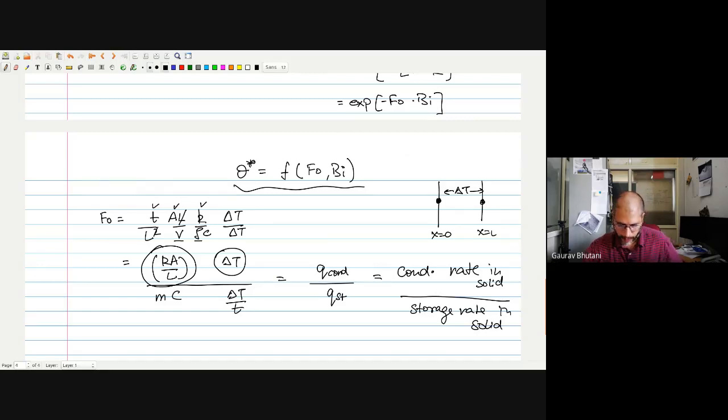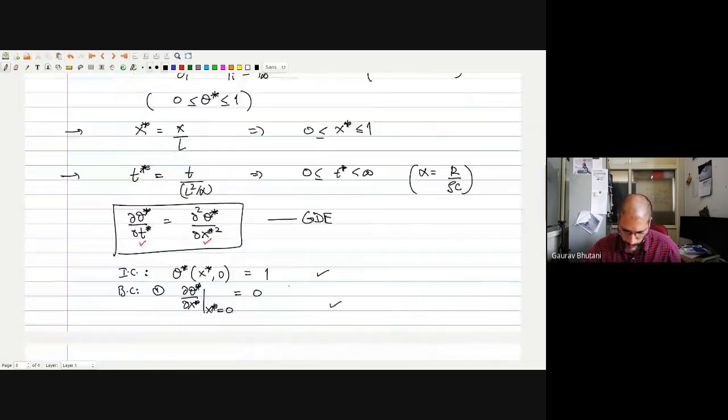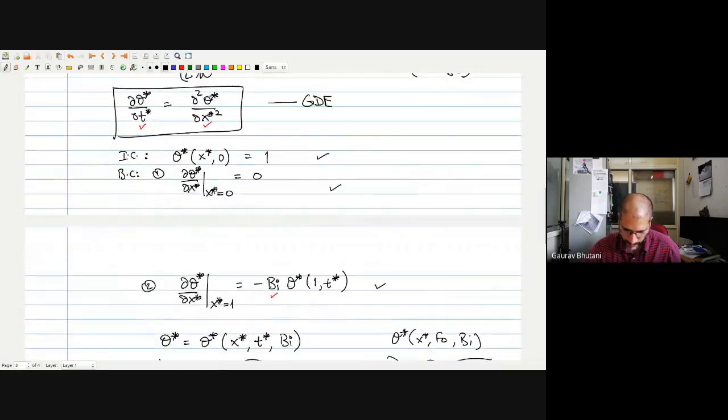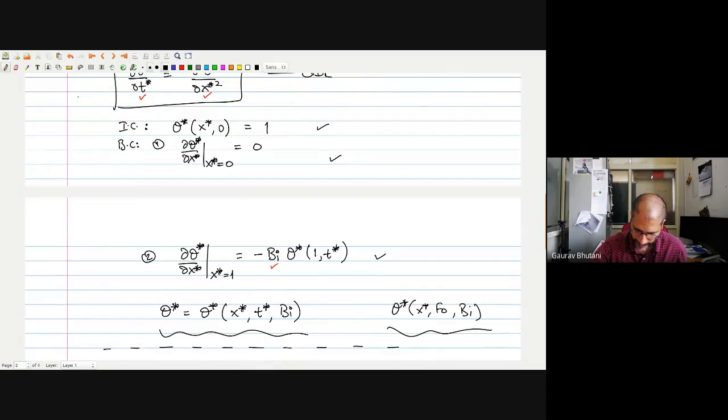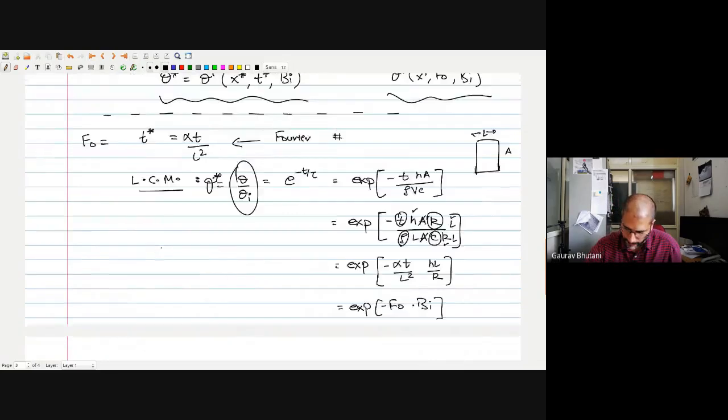Okay, so remember where we were. We were solving our system, which consists of this governing differential equation, one initial condition and two boundary conditions. So theta star is a function of x star, Fourier number, and Biot number.